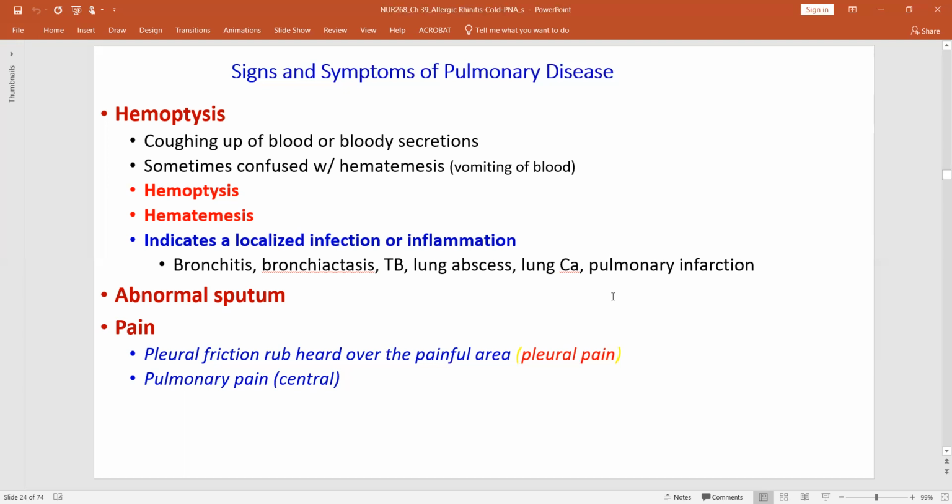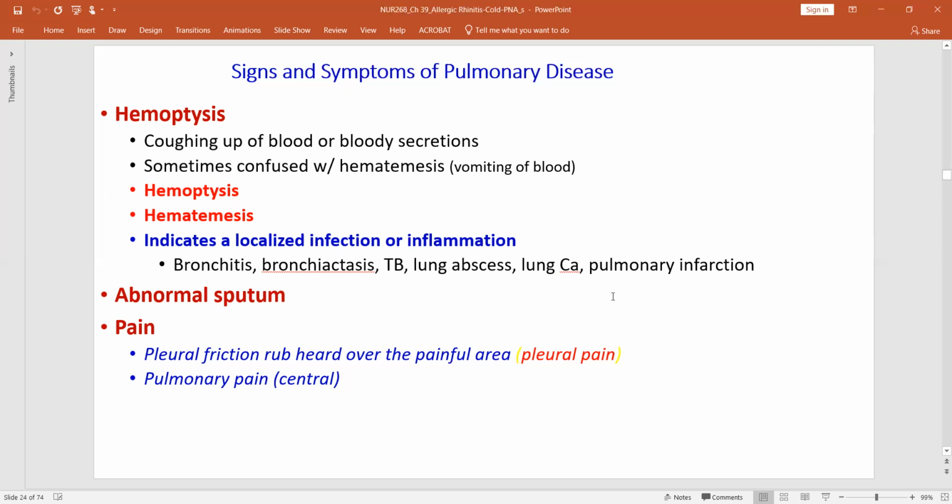The abnormal sputum can be tested in the lab, like with patients, we can check for AFB, acid-fast bacillus, to rule out TB. And then pain, we have different types of pain, like pleural friction, that will result in pleural pain.